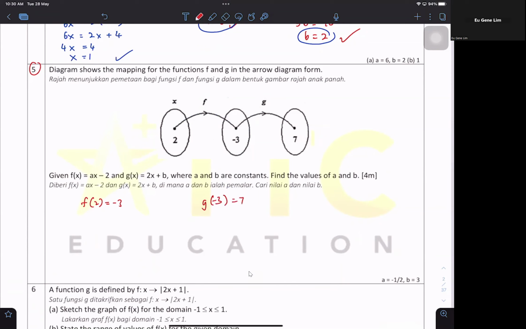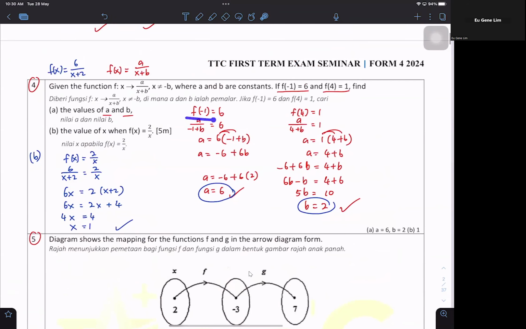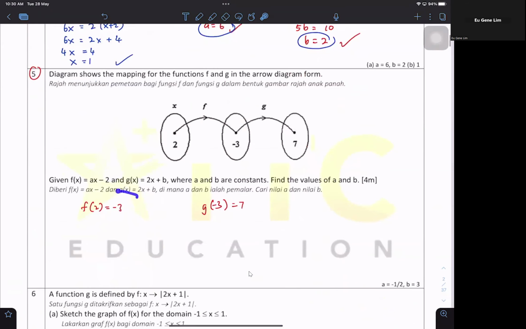Understand? Yeah, very good. So this is the same as the previous question, this one and this one. It's the same thing, right? So what do you do now? You also do the basics of function.